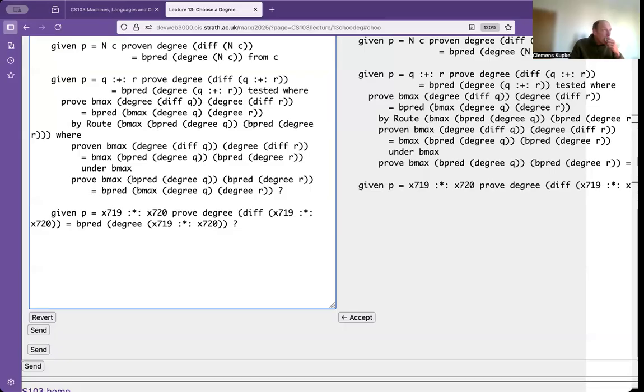Because there was a move which we pulled in tutorials, and I'm going to try and teach you to spot when that move is appropriate.